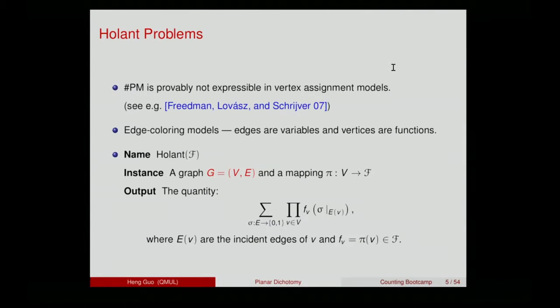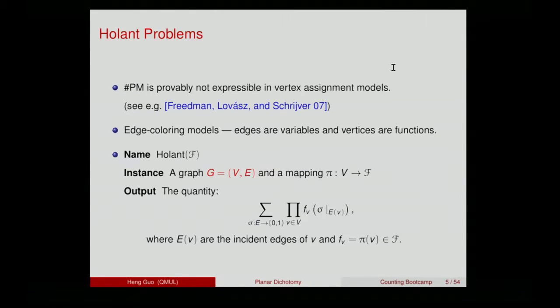The instance is given a graph, and we have the edges as variables, and we label each vertex by a certain function from a set of functions, and we want to compute this sum of product quantity. You may already notice this is a special CSP problem where every variable appears exactly twice.